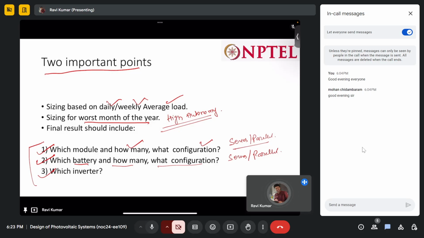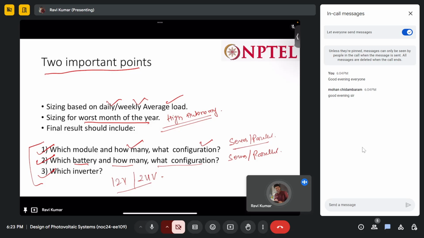Similarly, for the inverter, you need the capacity of the inverter and the input, whether it is 12 volt input or 24 volt input. So these are the things which we require. Whatever we require to design or put up a system should be the output of this designing exercise.